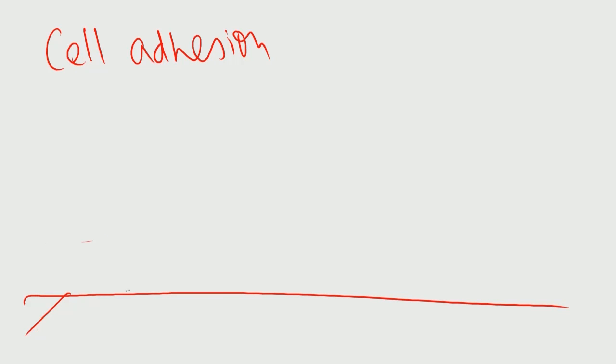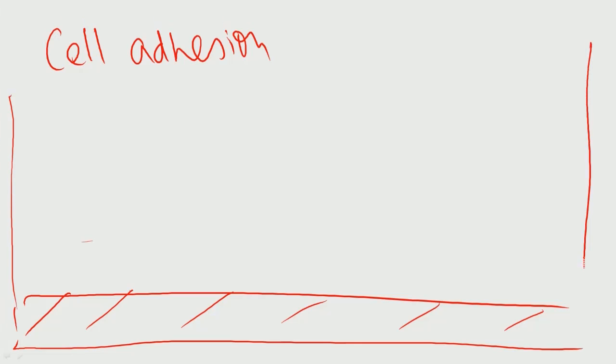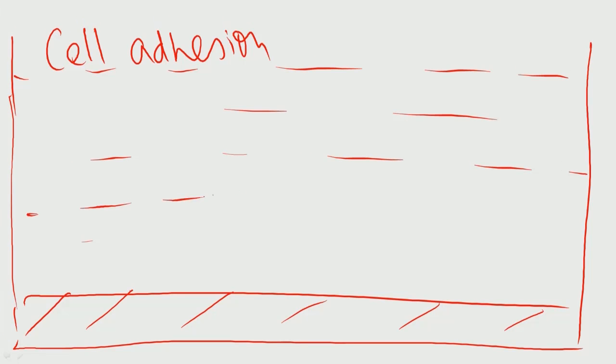So, the moment cell adhesion takes place, next suppose this is your biomaterial substrate. This entire biomaterial substrate is placed in a culture medium. The culture medium typically has 10 to the power 4, 10 to the power 5 number of cells.